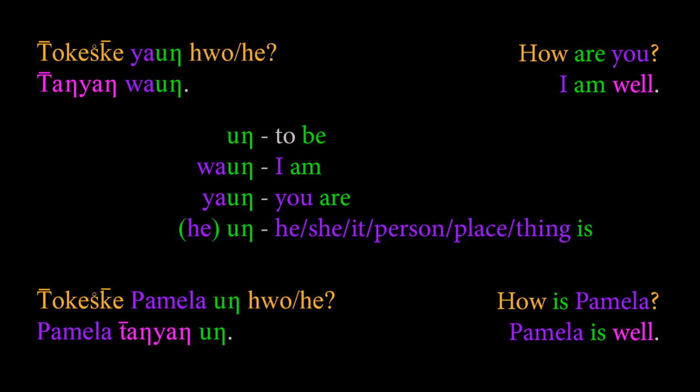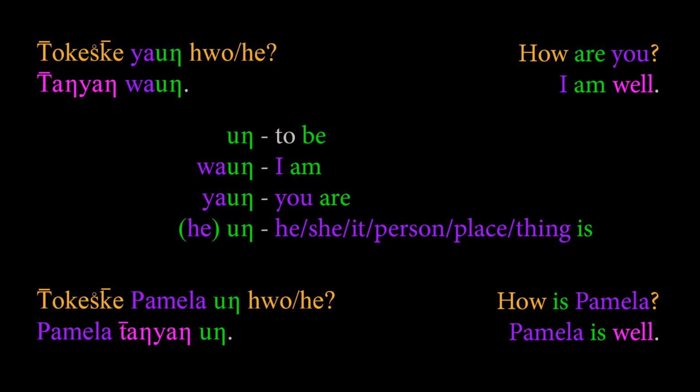Pamela, dayan, Pamela is the subject. The letters that you see in purple, those are the subjects. And the letters you see in the green, those are the verbs. So that last sentence, Pamela, dayan, Pamela is your subject. Look at that. It's the first word in the sentence.